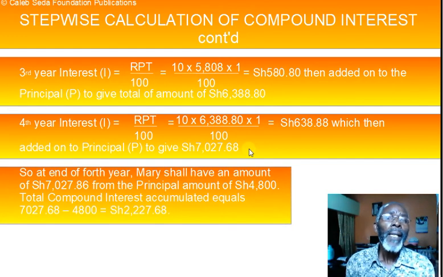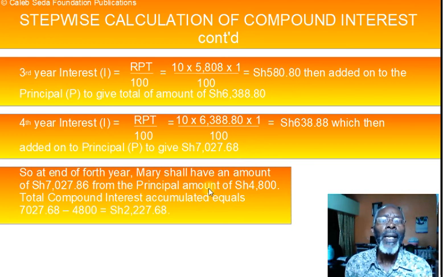So at the end of the fourth year, Mary shall have an amount of 7,027.68 cents in her account, having accumulated since she started investing her 4,800 at the beginning of the first year.